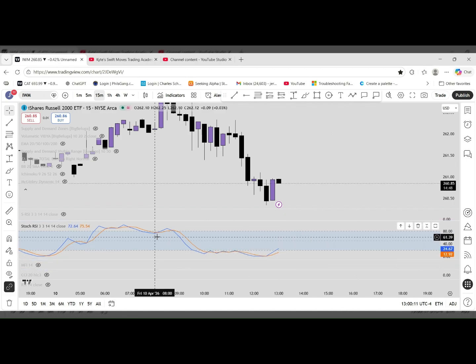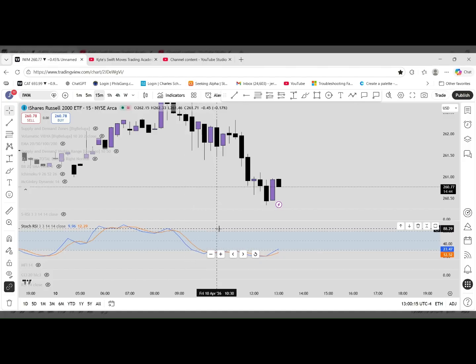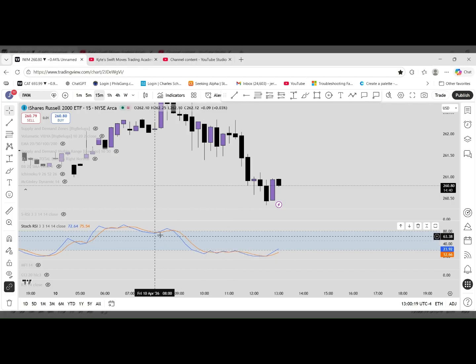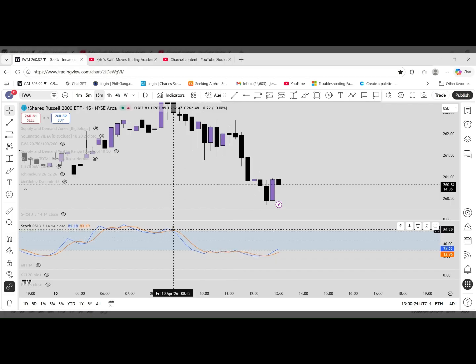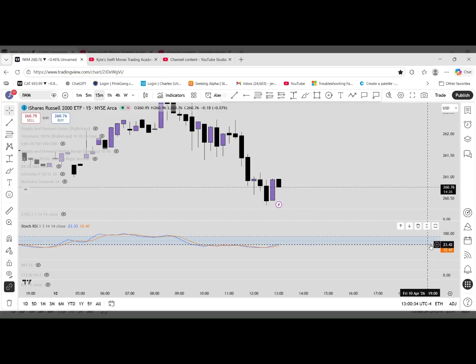Now, what's nice with the stochastic, this is actually one of the first indicators I started using, and even to this day I still kind of favor it. Let me back up. You have 80% and over. It's kind of hard to see, but this one's set at 23%. Normally it's 20% and 80%.